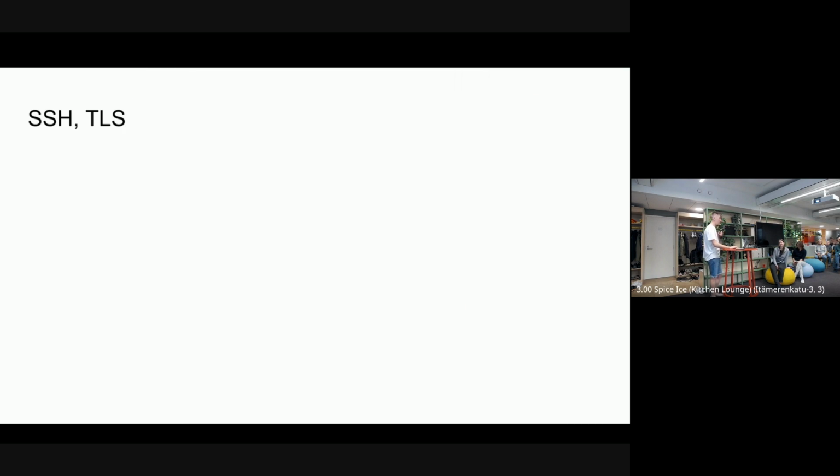Okay, so this algorithm is used in security protocols. We have SSH, we have TLS that is used when we do HTTPS in the browser. Before they can do any data exchange, they have to exchange the keys, and then they start to cipher.